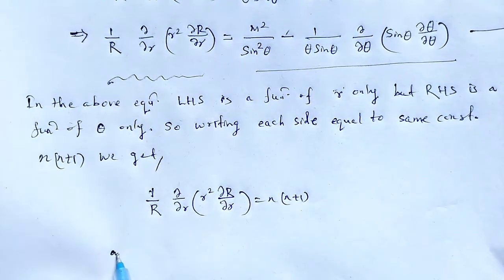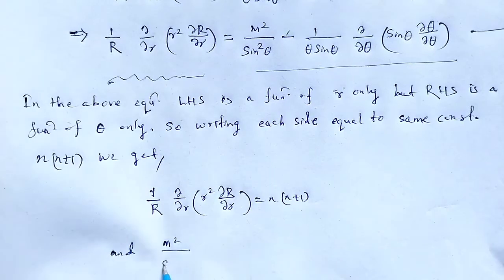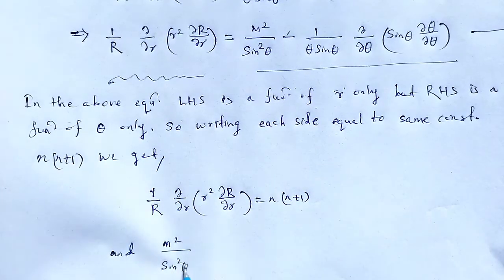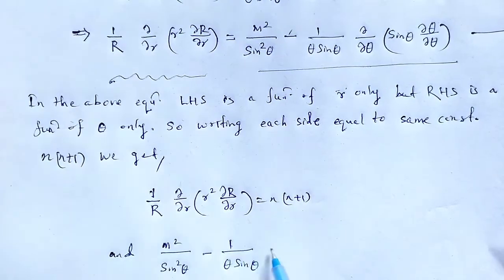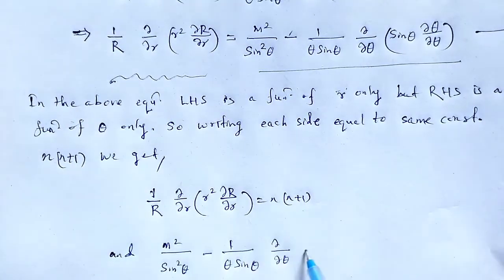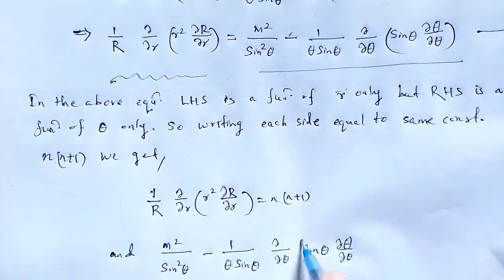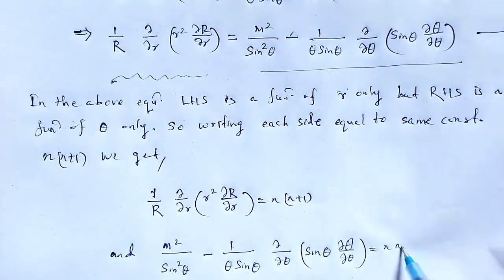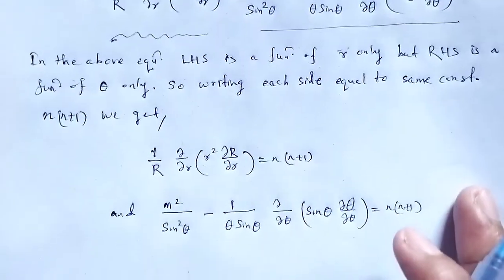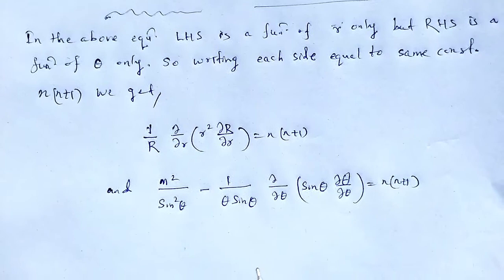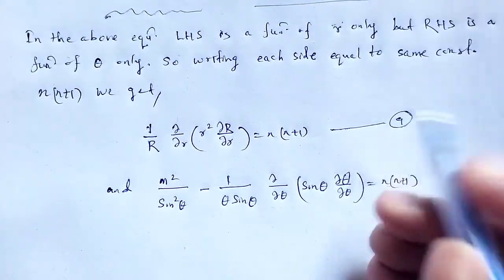And that side, that is m square divided by sin square theta minus 1 by theta sin theta del by del theta of sin theta del theta by del theta is equal to n into n plus 1. Here I have to take equation number 9.